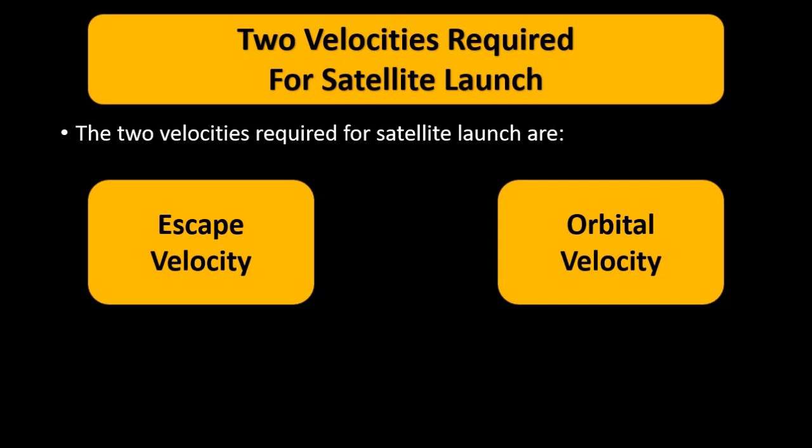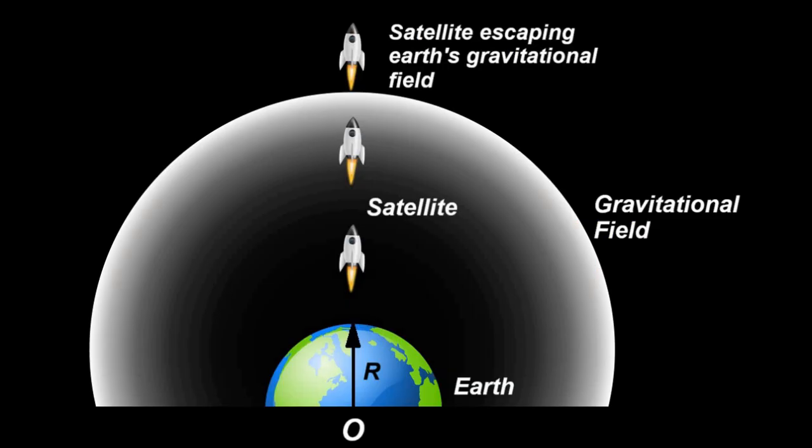So again, a quick recap. Escape velocity is that velocity which is given in the upward direction, vertical velocity, which ensures that the satellite which is carried by the rocket escapes Earth's gravitational field, the gravitational pull of the Earth.